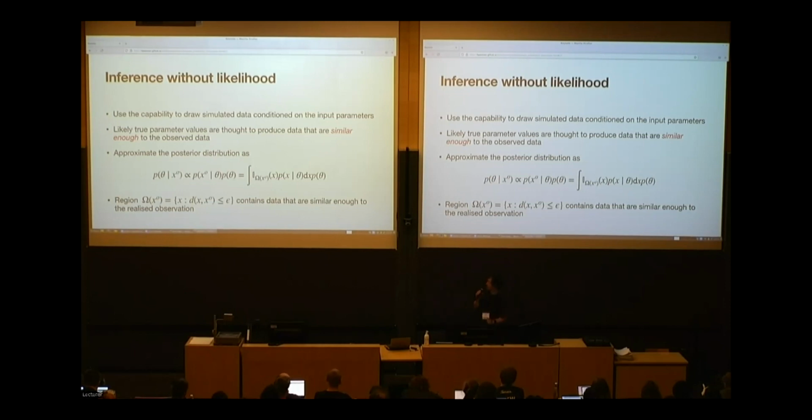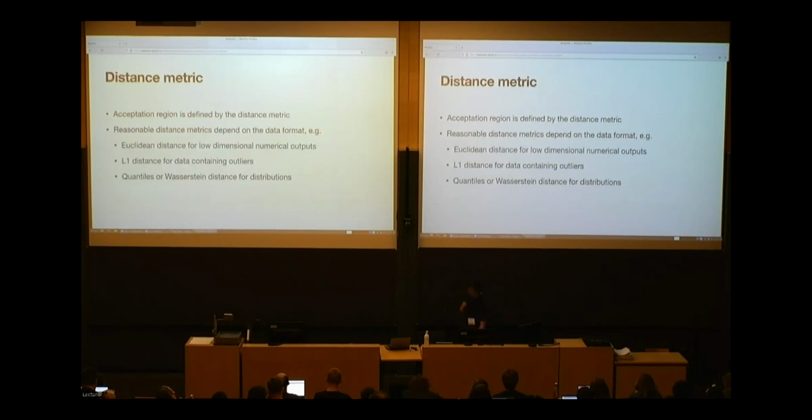So the region omega contains the data points that are in some sense close enough to the observed data. You need the distance metric, so the D, and that defines the acceptance region that we have in classic likelihood-free inference methods.